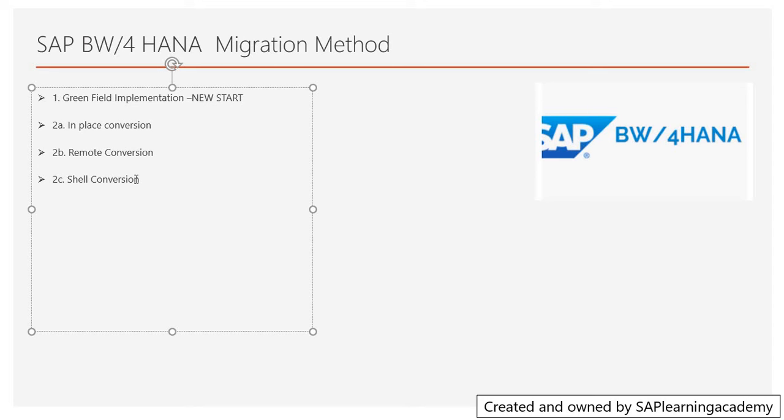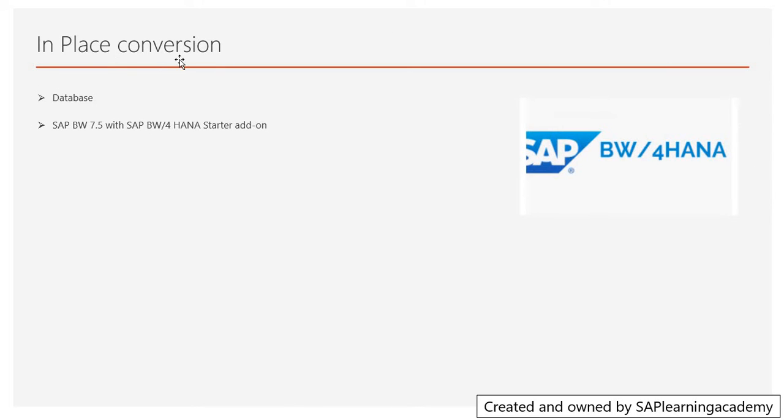I will now describe each of them very briefly so that you can understand the basics. As I said, the greenfield implementation is only for the new start, so there is nothing more to talk about there. Now going to the next one, the in-place conversion.